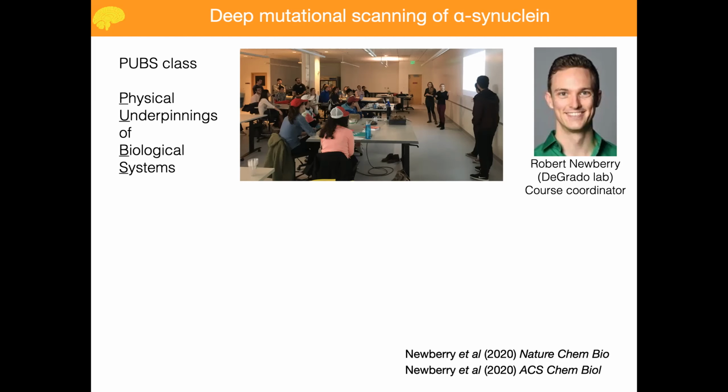And when I took over this class from him, I decided that we wanted to leverage deep mutational scanning in order to get at this important question of which states of a protein that's associated with neurodegeneration might be the relevant species, and whether we could leverage DMS for this.